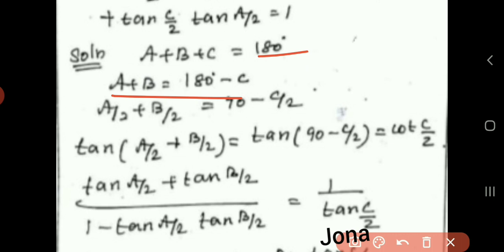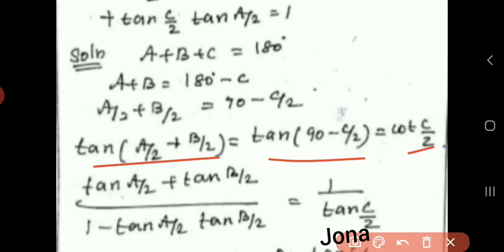If we divide each and every angle by 2, we can have a by 2 plus b by 2 equal to 90, that is 180 by 2 is 90, minus c by 2. Take tan on both the sides. So tan of a by 2 plus b by 2 equal to tan of 90 minus c by 2. Tan of 90 minus theta is cot theta, isn't it? So here we can write cot c by 2.